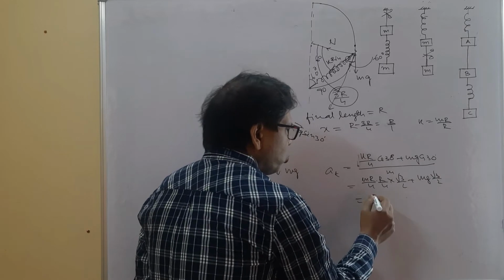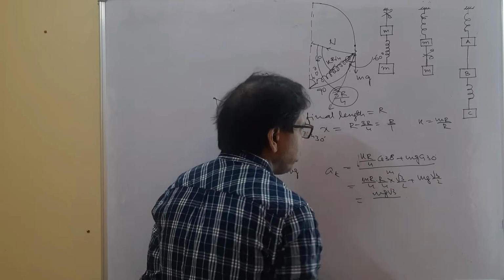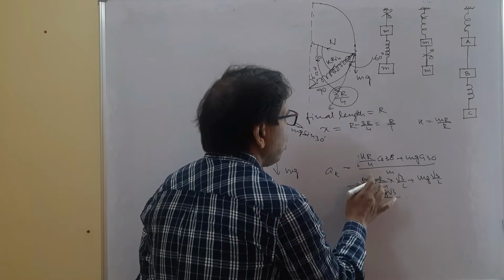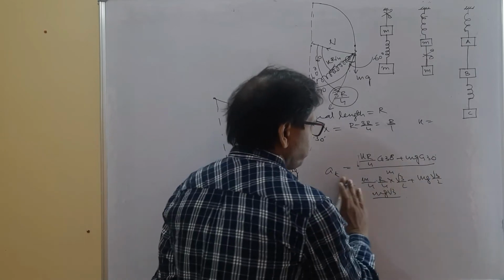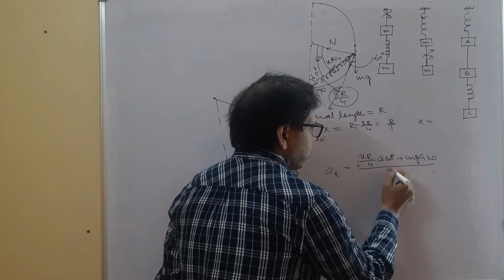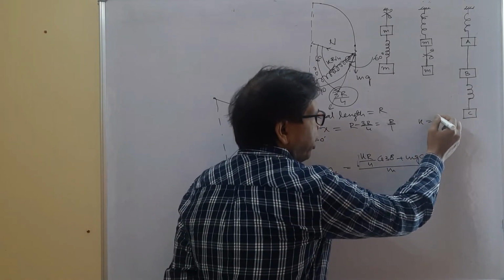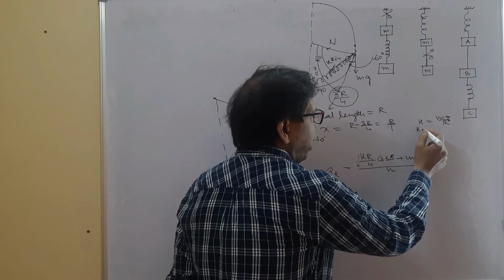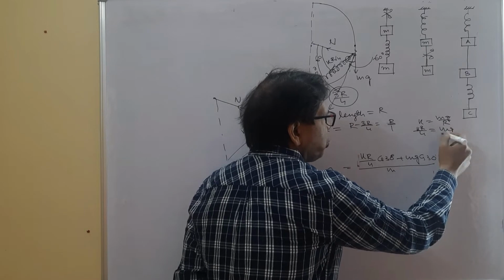So this is mg root 3 divided by... Now the force constant of the spring is mg by r. So kr by 4 becomes mg by 4.